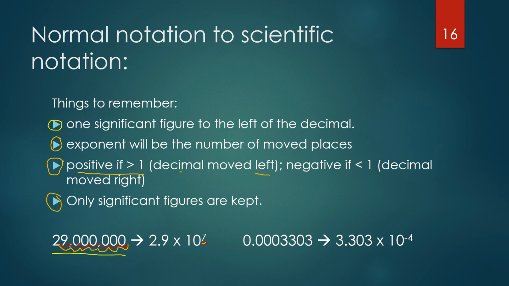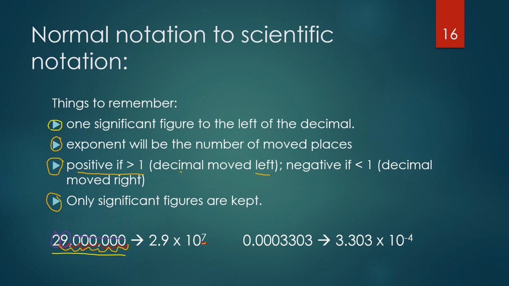So in the original number, we said there was no decimal point, right? We had to create one at the end to know how many spots to move it. So since there was no decimal point, the 2 was significant because it's a non-zero number. The 9 is significant because it's also a non-zero number, but none of these zeros counted towards significant figures because they're trailing zeros with no decimal point present.